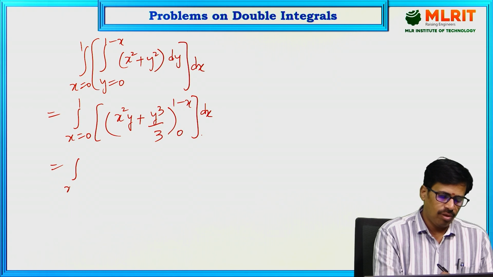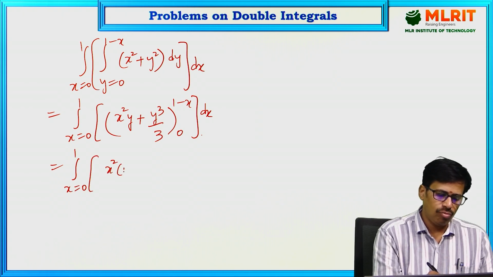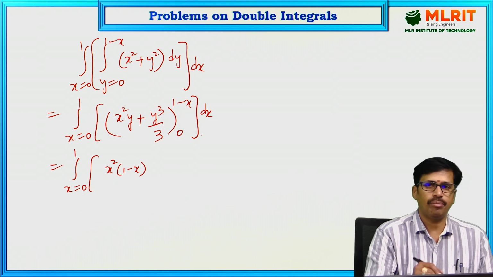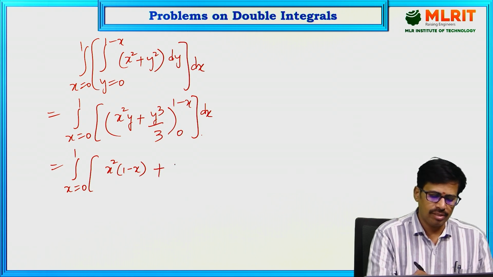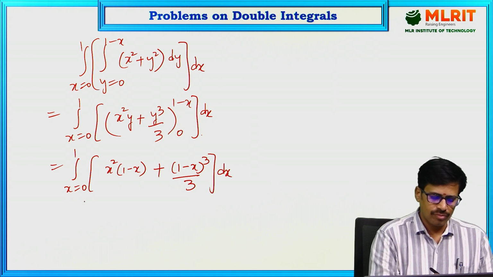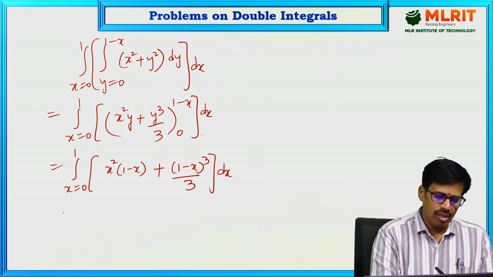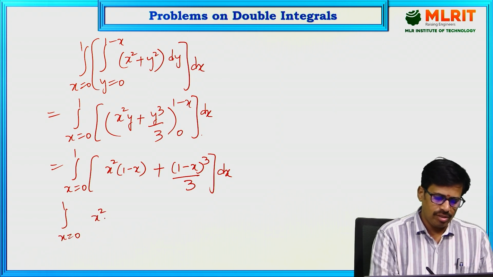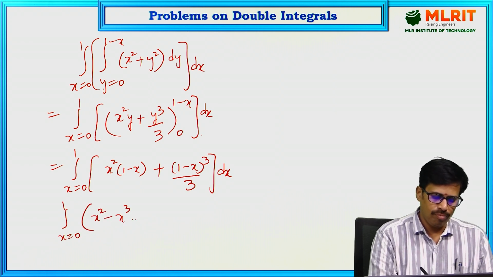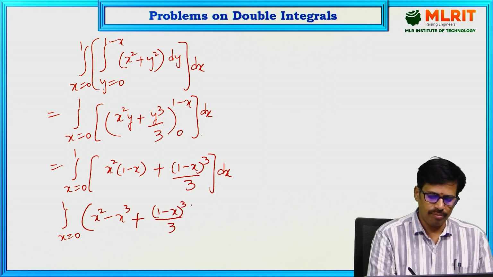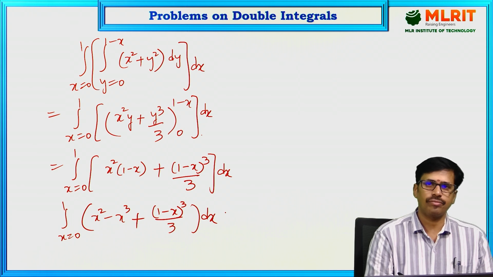So x equal to 0 to 1, x square into, in place of y substitute the upper limit, plus 1 minus x whole cube by 3 dx. So this is x equal to 0 to 1, x square minus x cube plus 1 minus x whole cube by 3 dx.